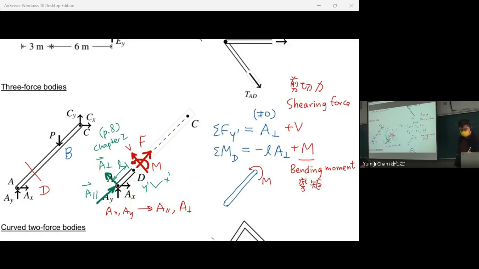Let's say we have a pin joint, or we have a fixed support here. What would M lead to? 会导致什么？ It's called bending moment. So with M, this rod will bend. Okay. So you will learn this in mechanics of materials next year.